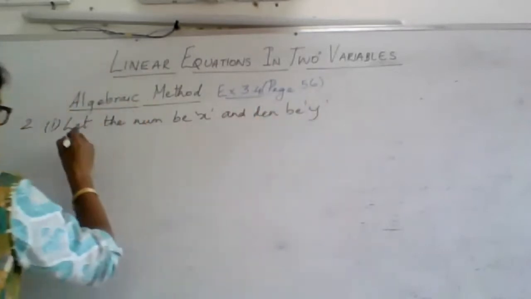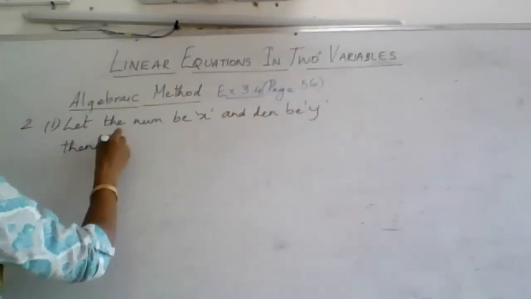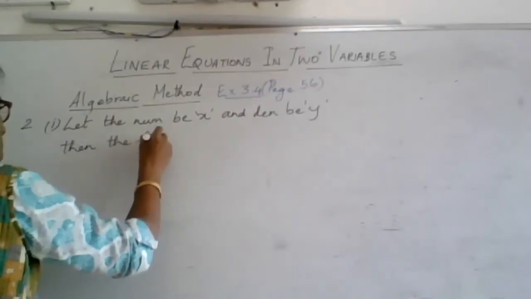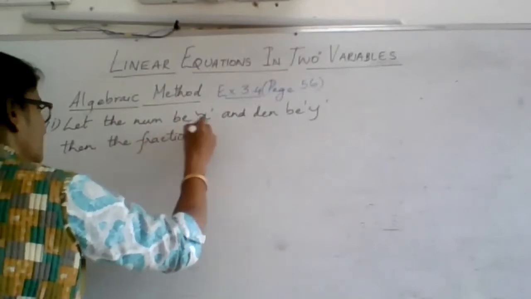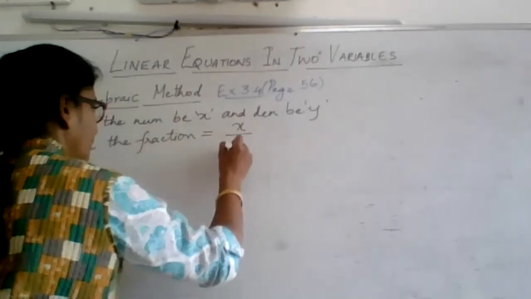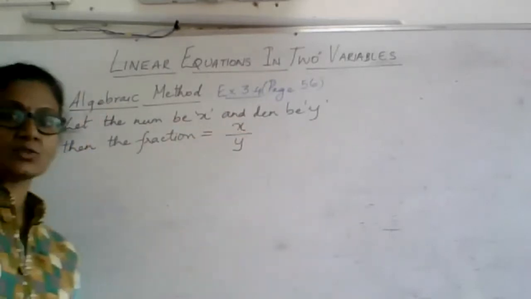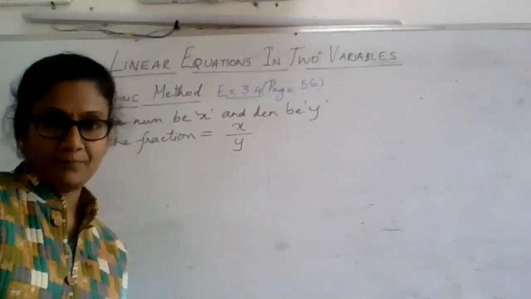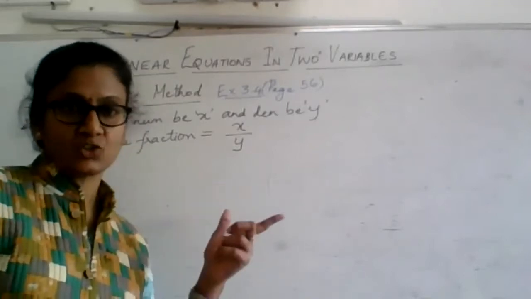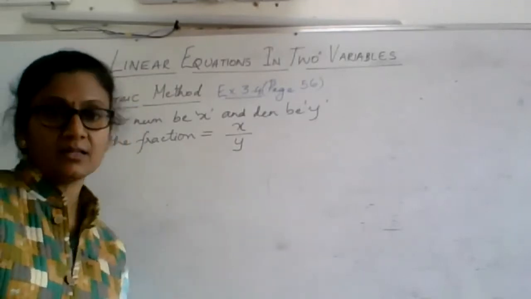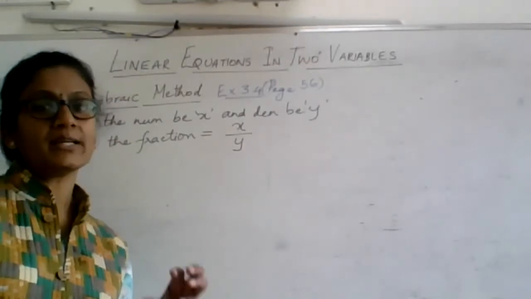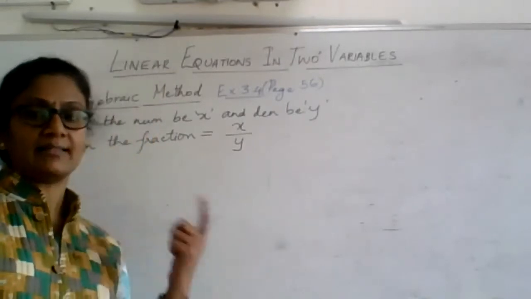So what is your fraction then? The fraction is x by y. You understand? So the fraction is originally x by y because we have fixed x as its numerator and y as the denominator. Now we are doing some changes in the numerator and the denominator.